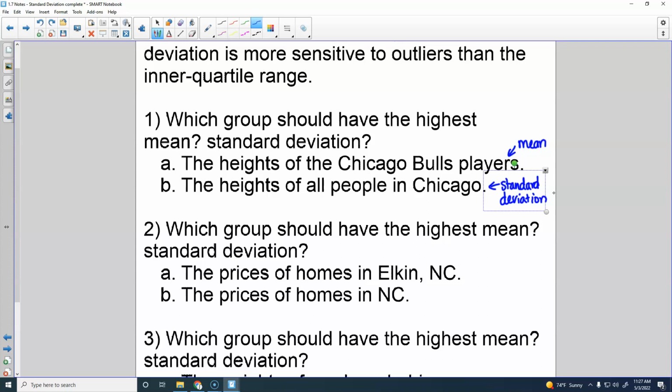So let's do standard deviation first. The prices of homes in Elkin only, or in all of North Carolina. All of North Carolina, that's going to have the highest standard deviation. All right. What about the highest mean?